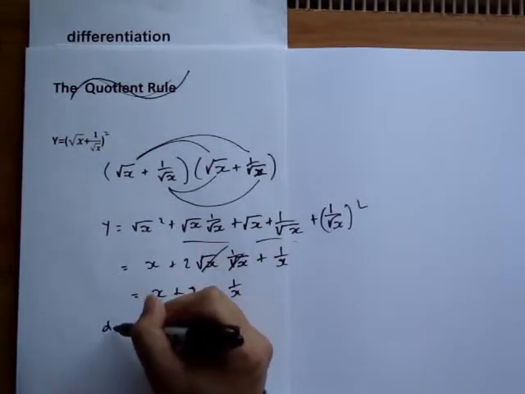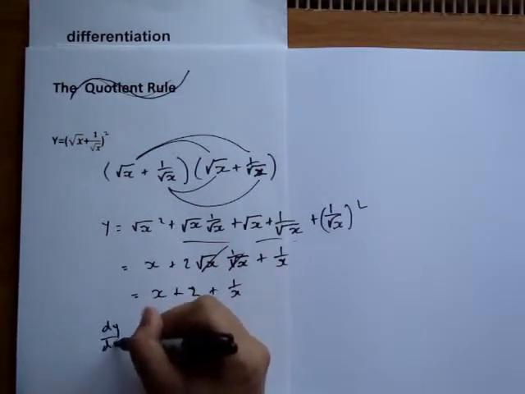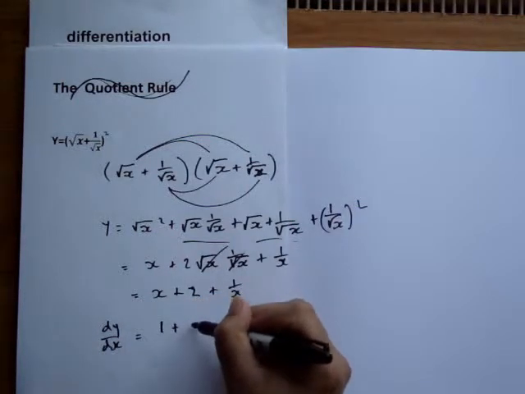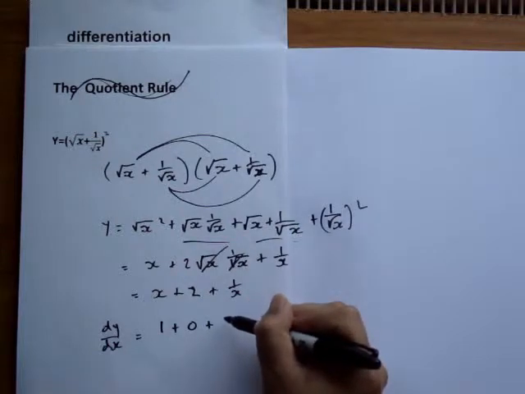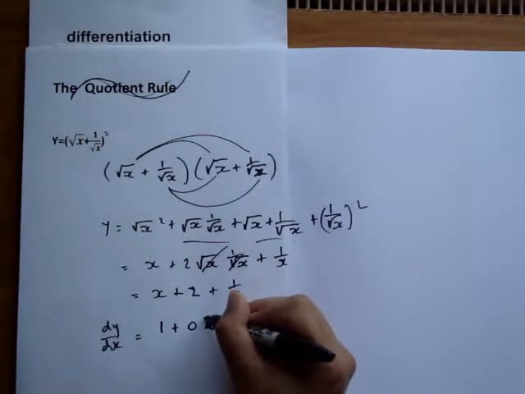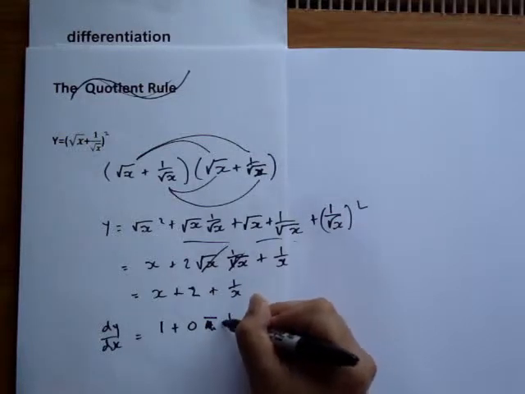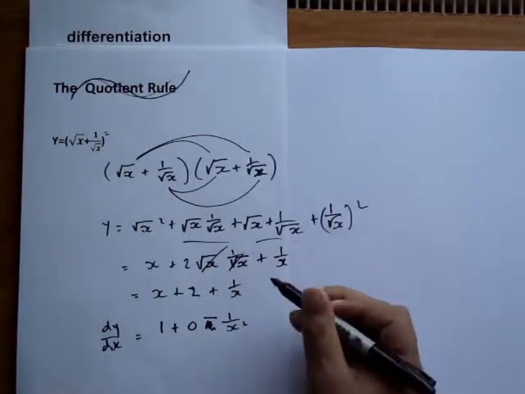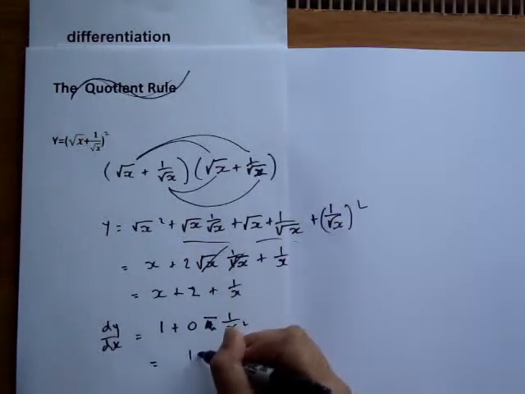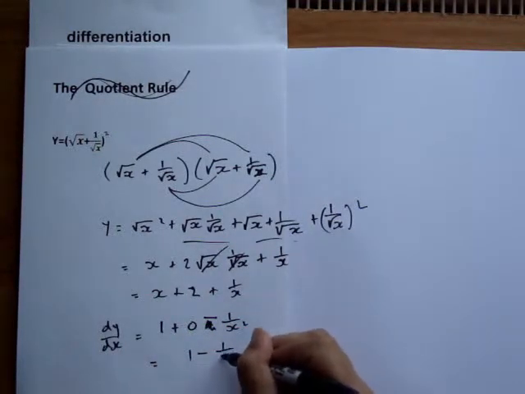So dy by dx is equal to 1 plus 0 plus, that becomes a minus 1 over x squared. And when we arrange that, 1 minus 1 over x squared.